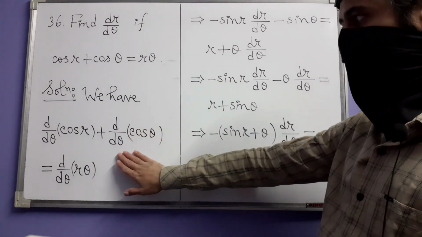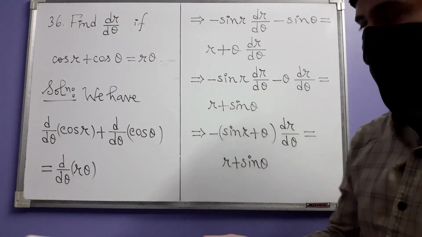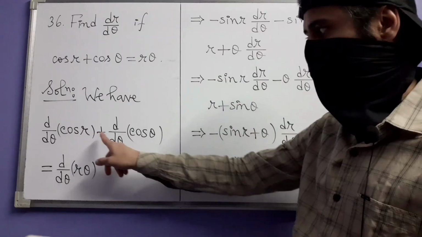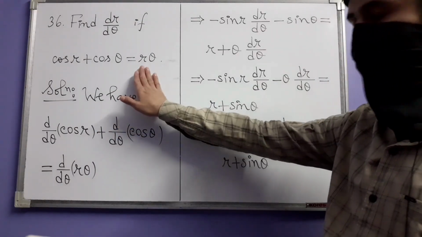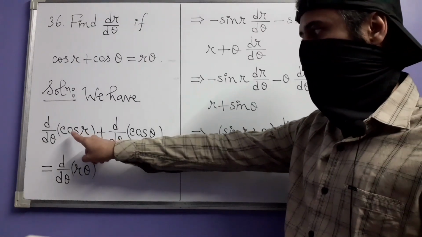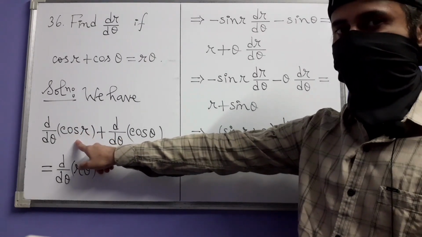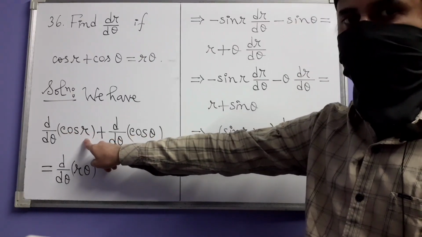So doing that differentiation, the left hand side will be this by the sum rule for differentiation, d/dθ of cos r plus d/dθ of cos θ, and the right hand side is d/dθ of rθ. Now to carry out this first differentiation, you have to apply the chain rule because you are looking at a composite function here.